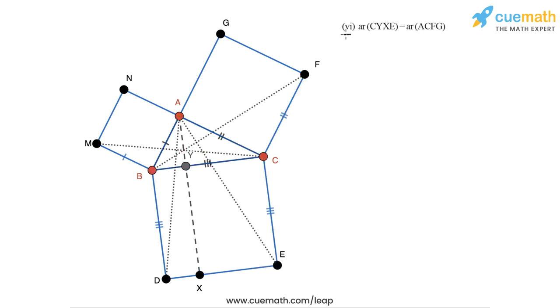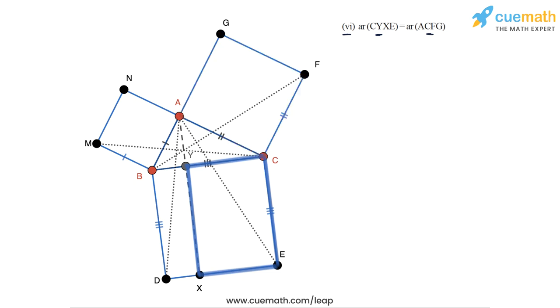Now let's do part 6, which is again very similar to part 3. In this part, we have to prove that the area of CYXE is equal to the area of ACFG. CYXE is this rectangle and ACFG is the square on side AC of triangle ABC, and we have to prove that these two areas are equal. Here's how we can do this.